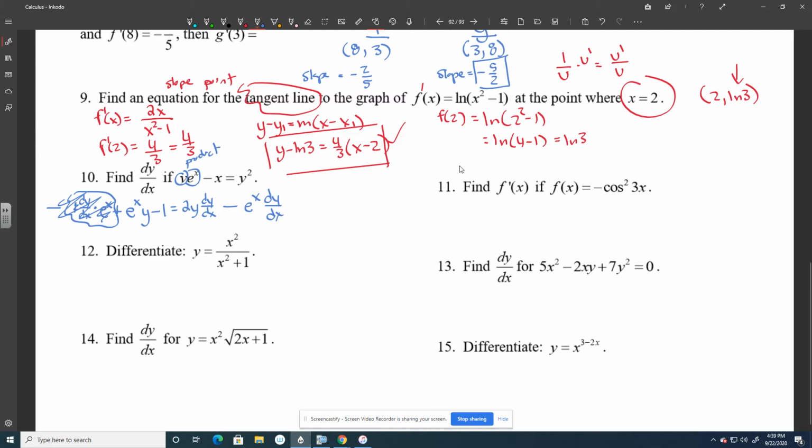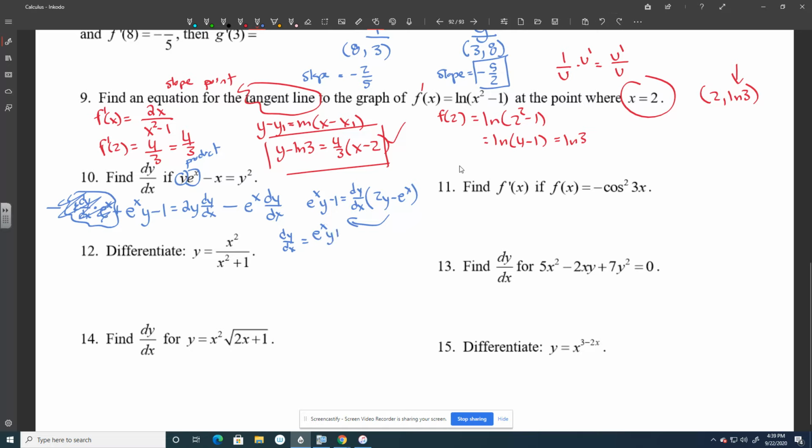So I'm going to end up with e to the x times y minus 1 is equal to, if I factor out that dy/dx, I'm left with 2y minus e to the x, which I'm going to divide to the other side to get rid of it. So dy/dx is equal to e to the x times y, minus.